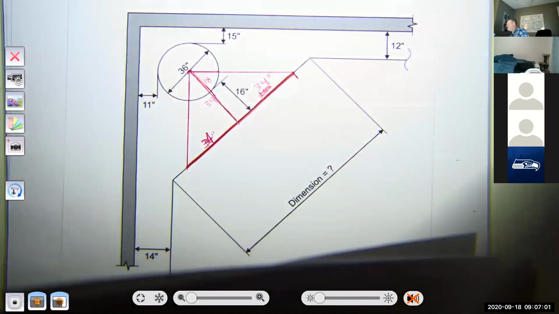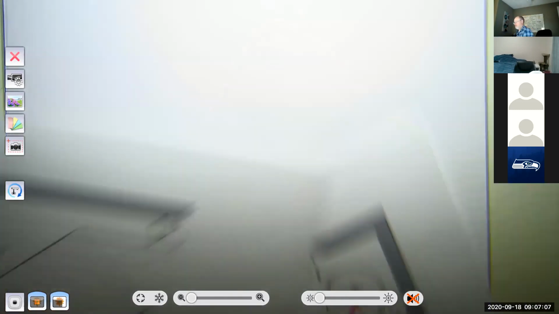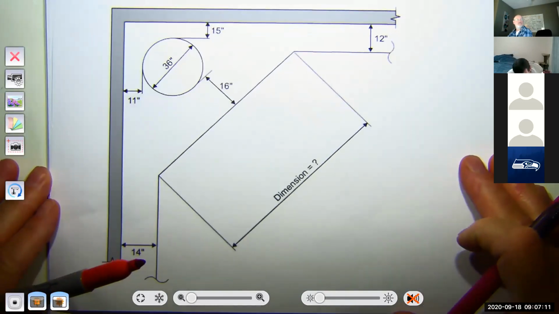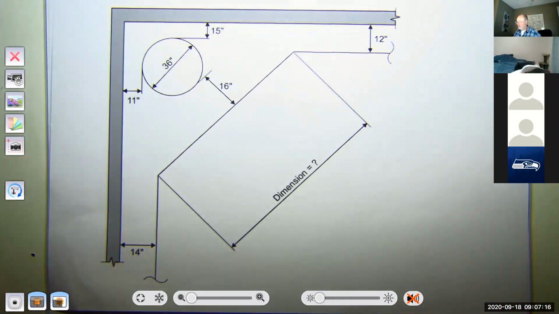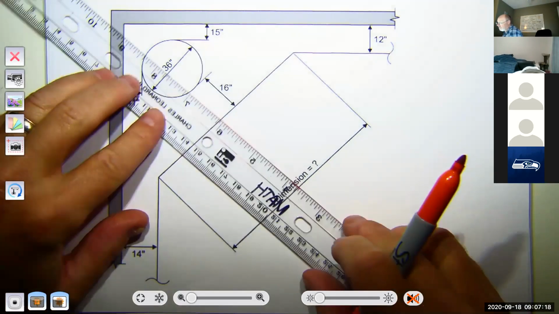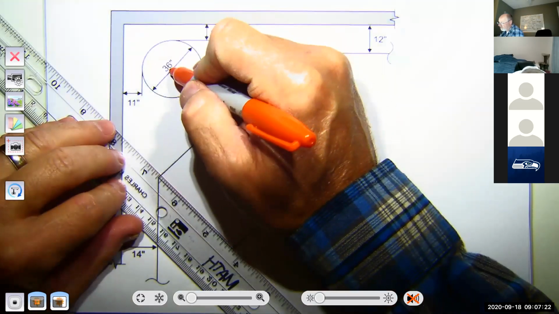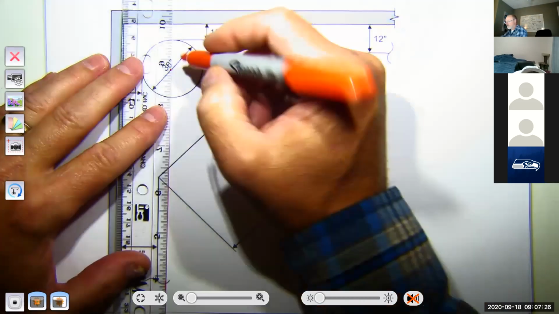Let's start over. I'm going to draw my lines again from the center of my circle because I made a mistake.